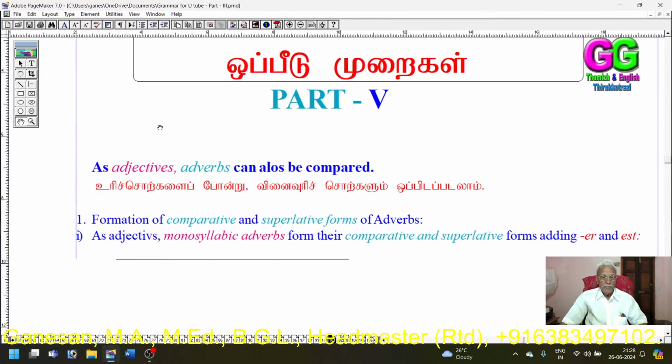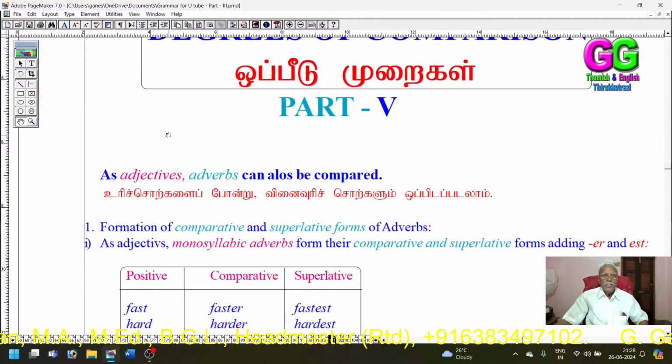Degrees of comparison. Dear students, as adjectives are used in degrees of comparison, adverbs can also be compared.